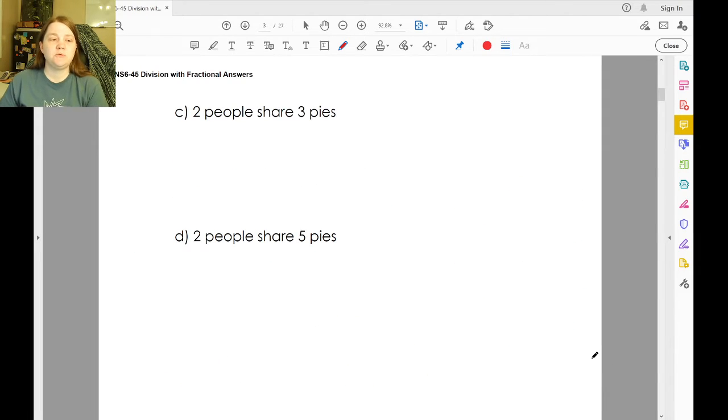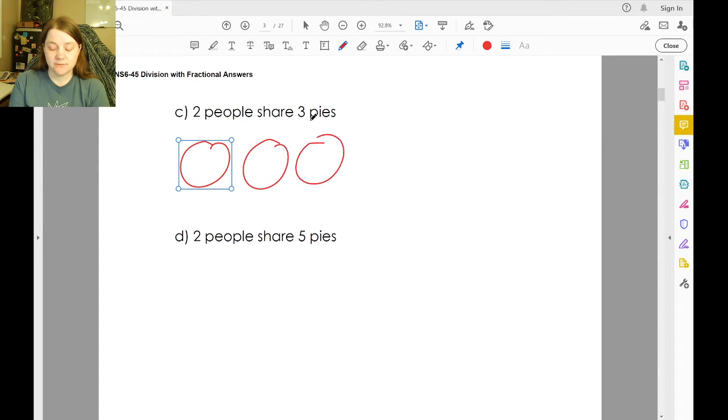Let's talk about 2 people sharing 3 pies. This would be 3 circles, but now there's only 2 people sharing it, so I don't have to cut it up into 4ths anymore. Now I can just cut it into halves, which means I'm getting more pie, which is very exciting. So I'd get this, and this, and this.